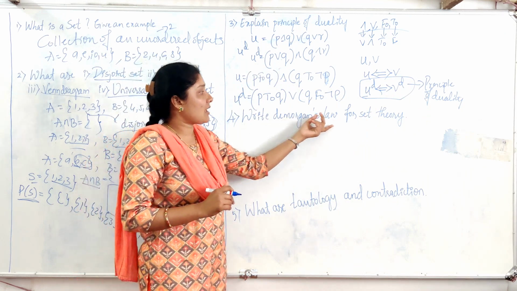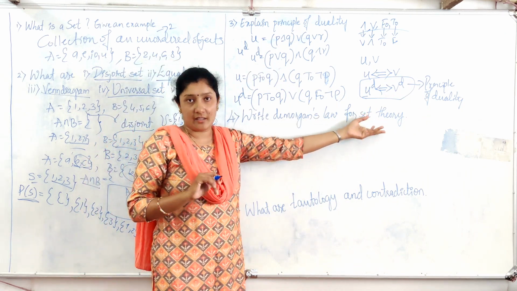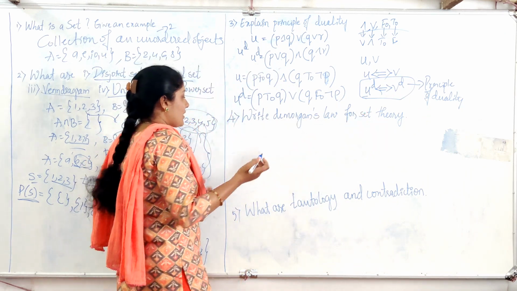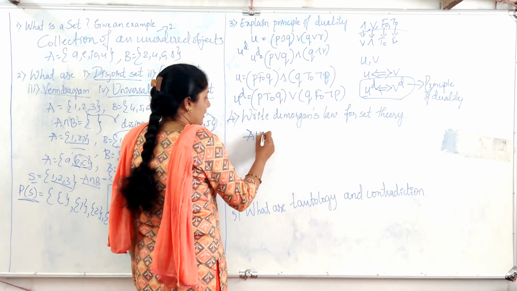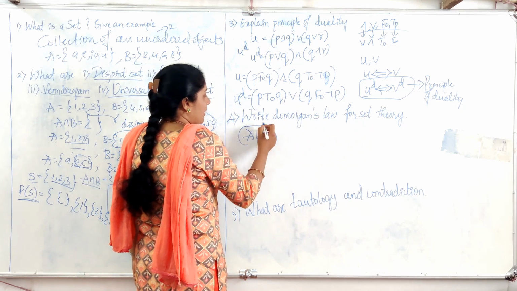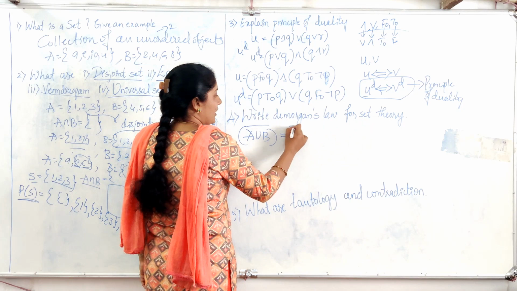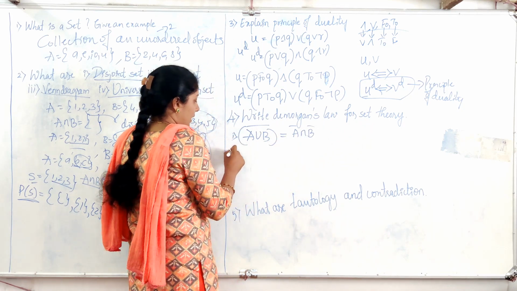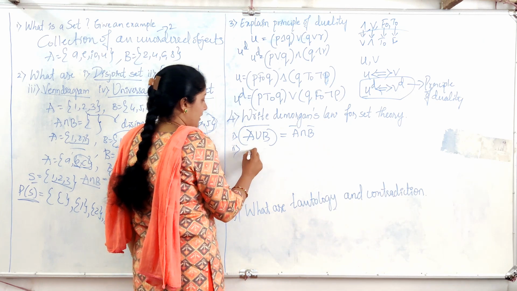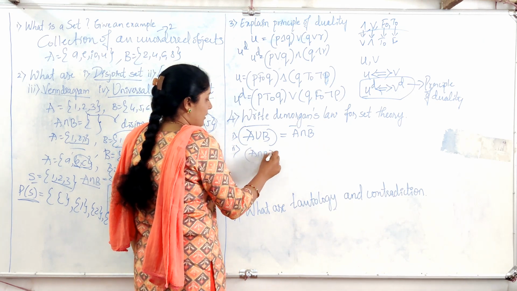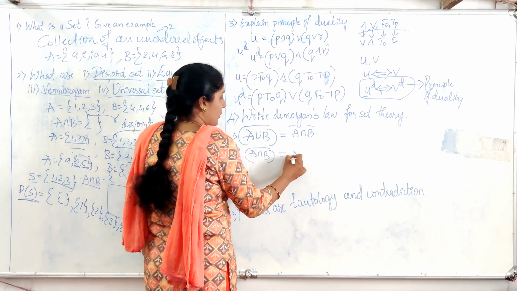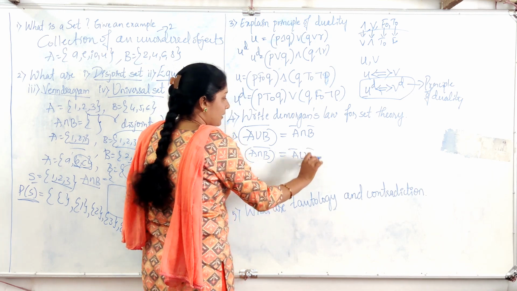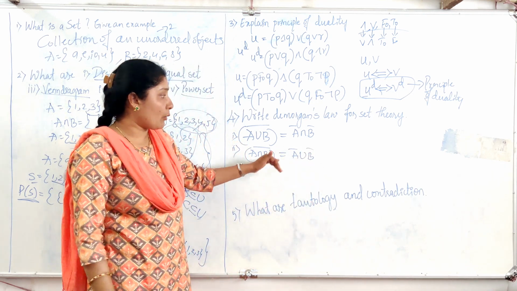Next question. Write De Morgan's law for set theory. So what is De Morgan's law? A union B whole bar equal to A bar intersection B bar. Okay. And one more is A intersection B whole bar is equal to A bar union B bar. Okay. How to prove this?